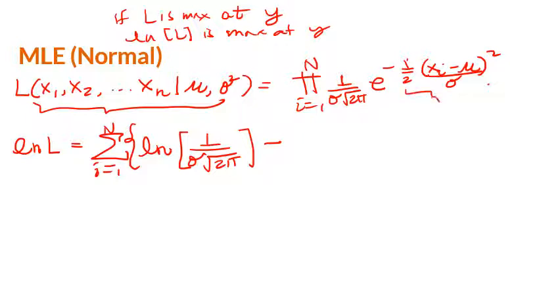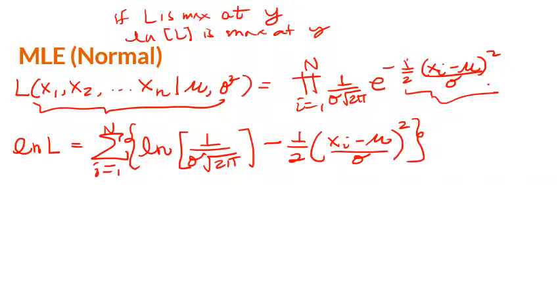So the argument of your exponential becomes 1 half times (x sub i minus mu over sigma) squared. So yan na yung ating log or ln likelihood function.